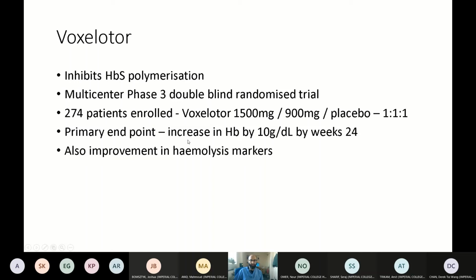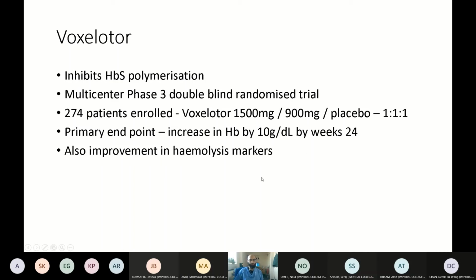The primary endpoint was an increase in hemoglobin by 1 gram per deciliter by 24 weeks, and also an improvement in hemolysis markers. And the study did show that a significant number of patients reached this clinical endpoint.